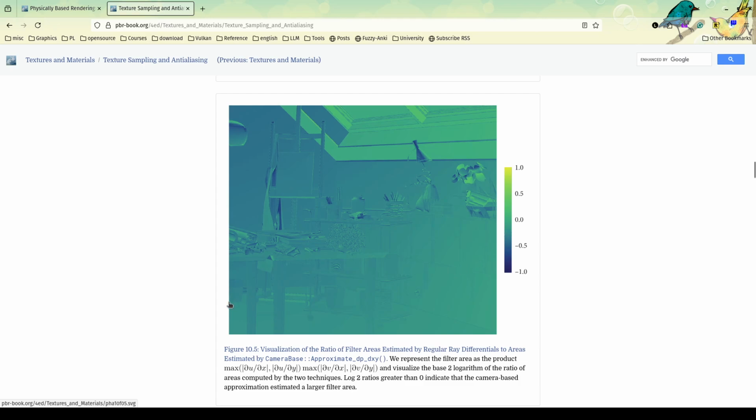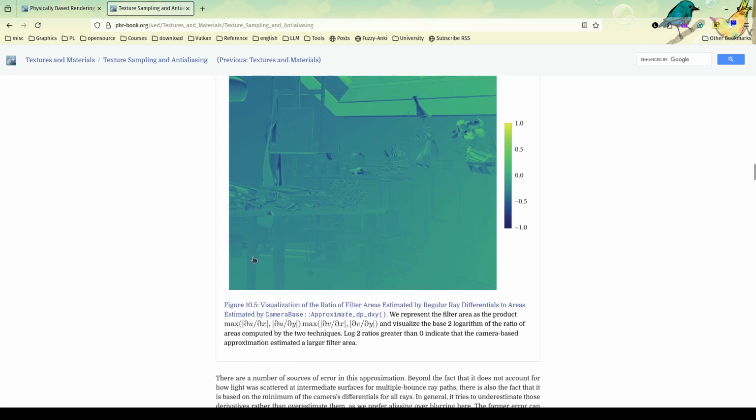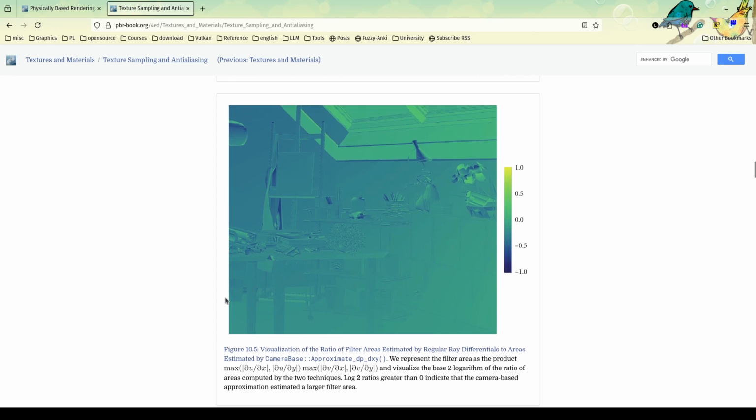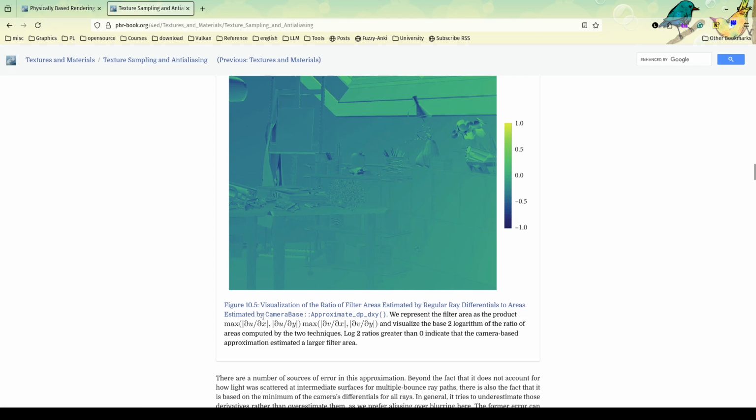So this is a visualization of camera-based approximate dp/dxy.